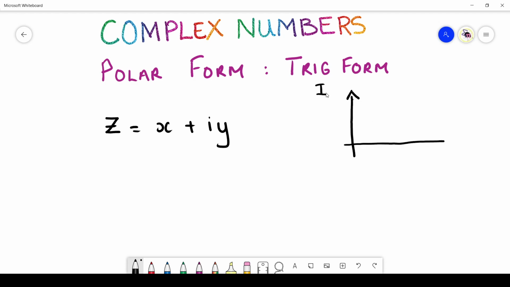If we were to set up our imaginary and our real axis here, and say we had the complex number x plus iy, then this is our x and this over here is our y, and we'll also put in theta to represent our angle.